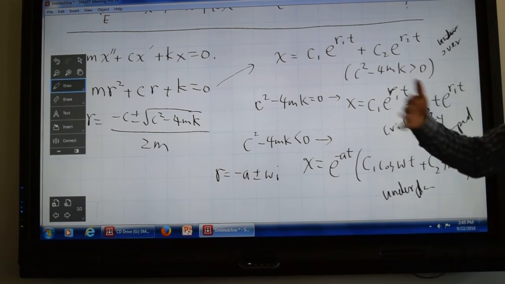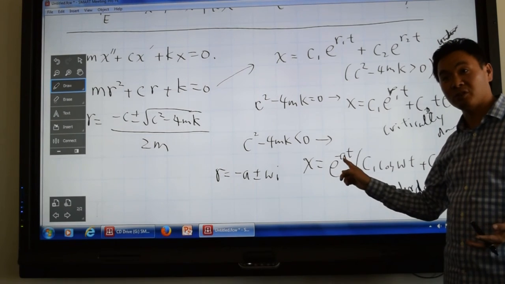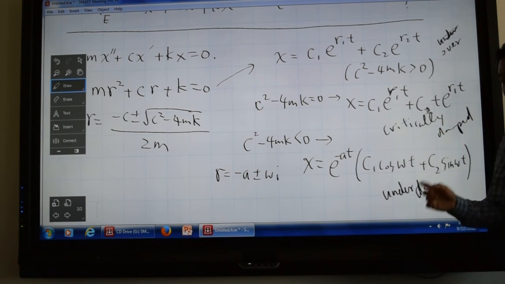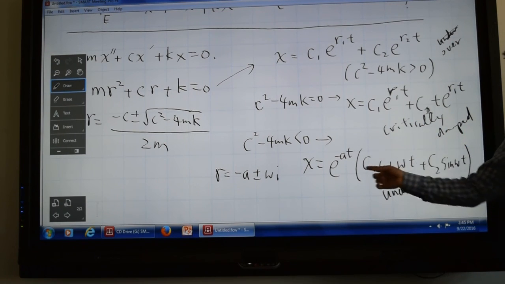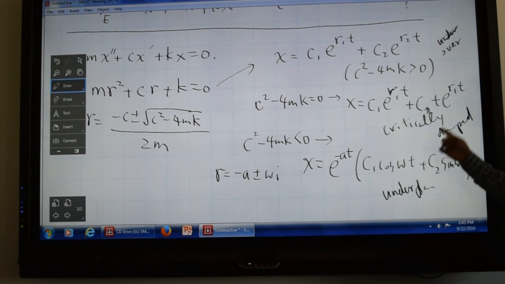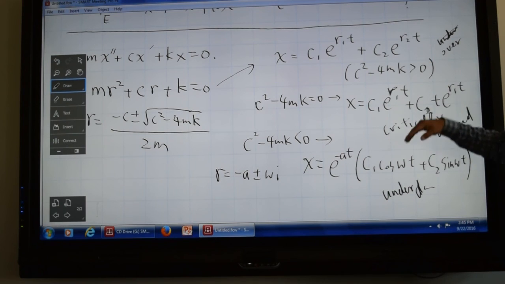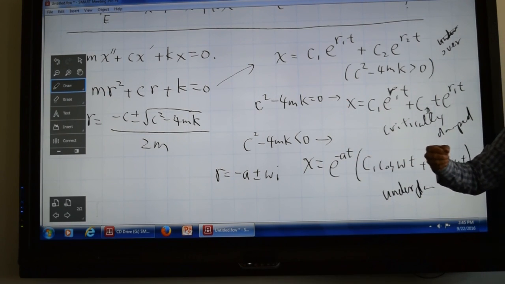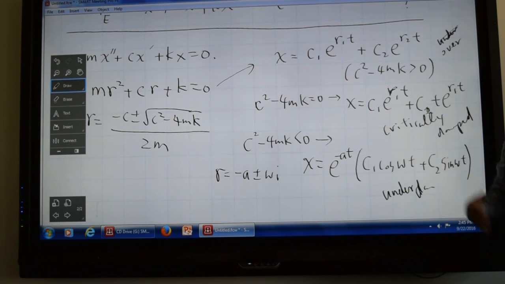It will always vibrate, right? That's the case when a is equal to 0, so it's always a periodic function. But if there's a little bit of damping, it still vibrates, although the amplitude decays to 0. And if it's either the critically damped or overdamped case, it will gradually just go towards the equilibrium without any vibration at all.